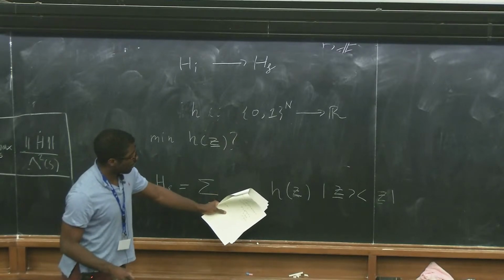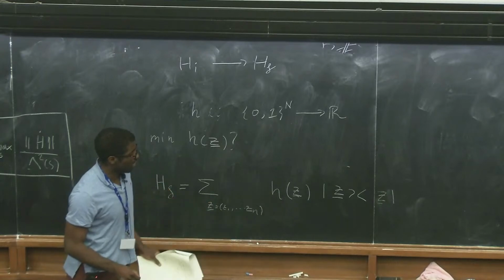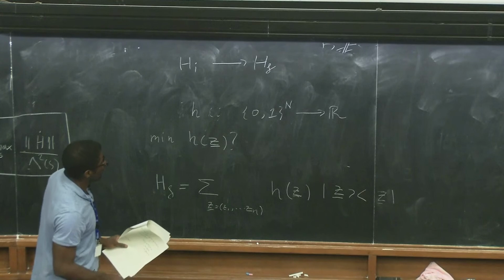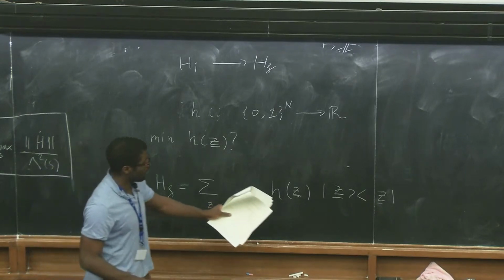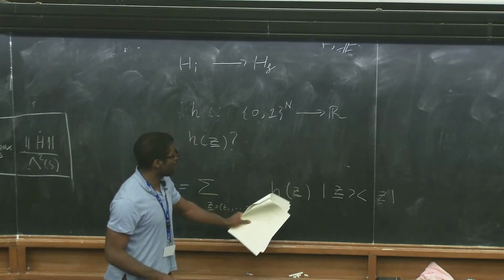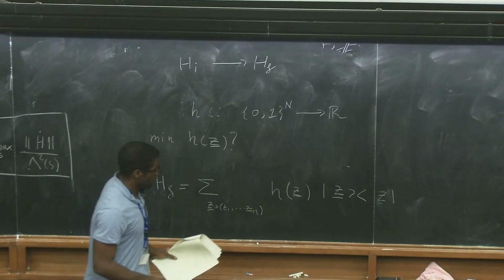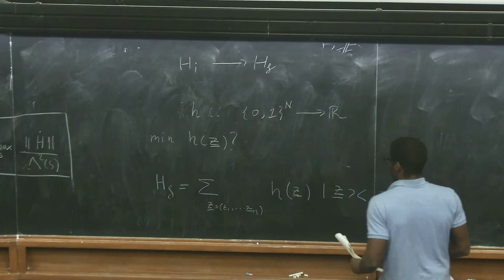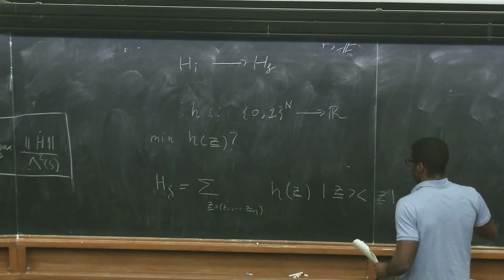So in this case, it's going to be the state which has the minimal h of z. So it's also going to be the state z which minimizes our function.